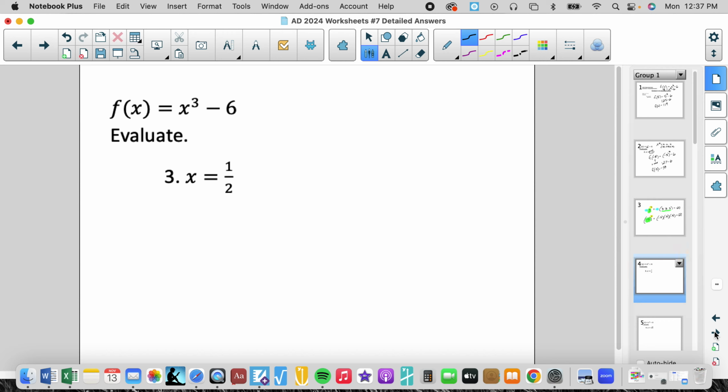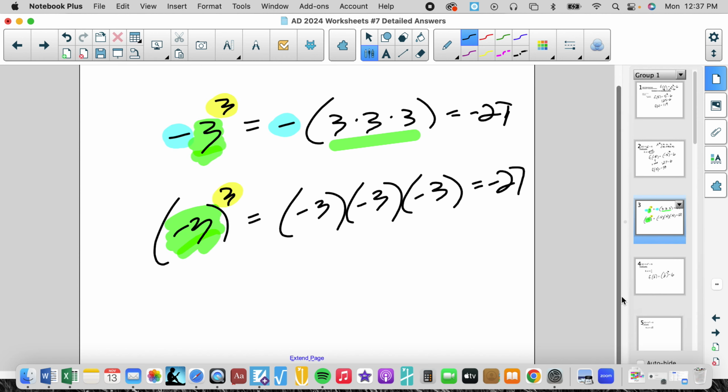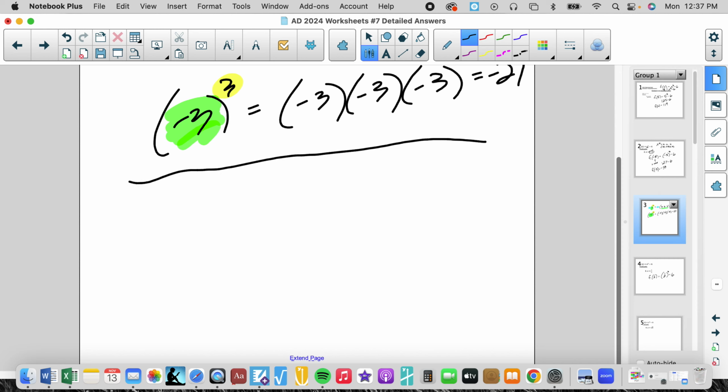Fractions are also very important. When we write f of 1/2, that's going to need parentheses. And I'll show you back on this page why you need parentheses, because there's a huge difference between 1/2 cubed and the quantity (1/2) cubed.